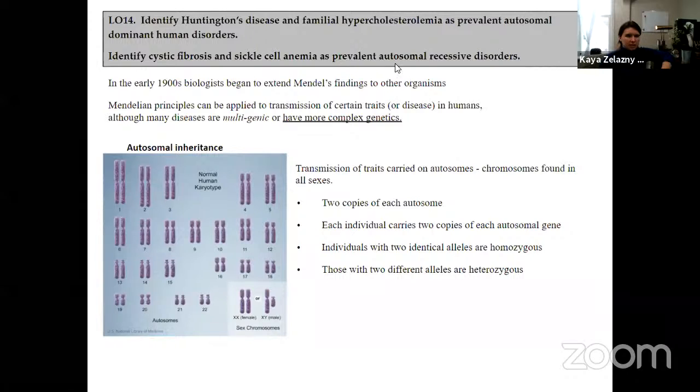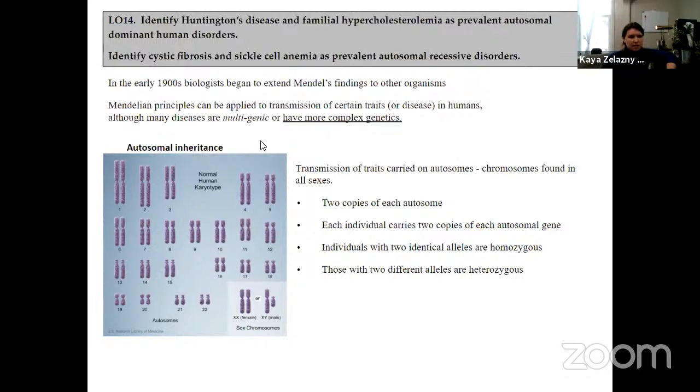We can mostly skip over the history of these findings, although I know your book goes into them in some detail. But it is the case that some diseases are more complex. And often when we're thinking about diseases, we want to be careful that we know what chromosome they are transmitted on.